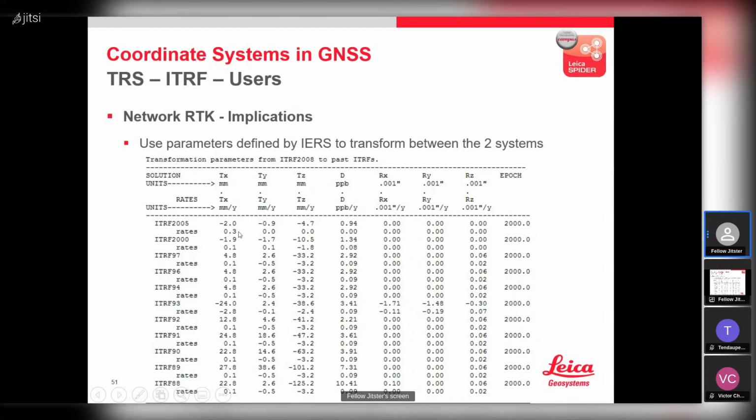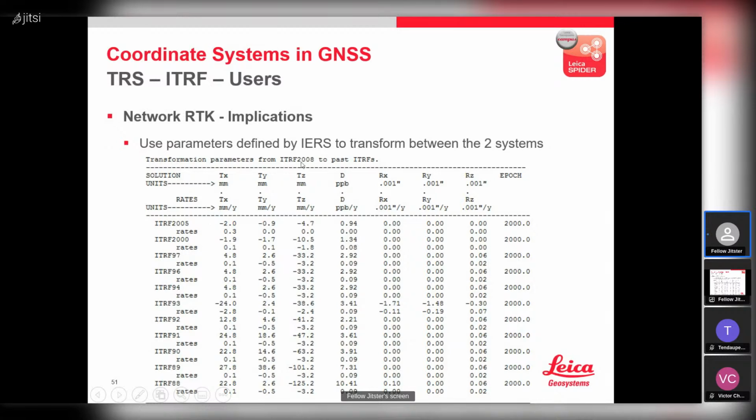So this is 0.3 millimeters per year. So if you go from epoch 2000 to epoch 2005, it is 5 years. So here then we'll have 1.5 millimeter in this translation component, in this x coordinate. So this is why if you have the same epoch here, then you don't need to use the 14 parameters, only the 7 parameter transformation.